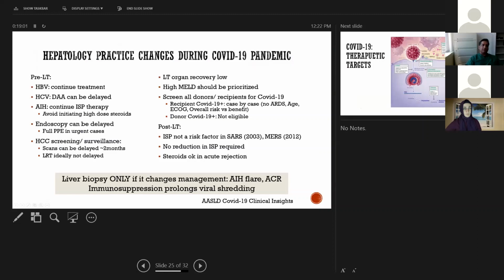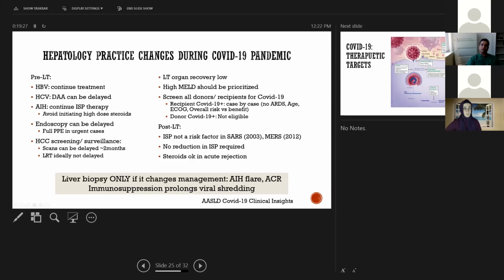Immunosuppression should be continued in autoimmune hepatitis, but if there is a flare, we need to avoid high-dose steroids. Endoscopy can be delayed in most elective cases, but in urgent cases, full PPE is required. For HCC screening and surveillance, the scans can be delayed approximately up to 2 months, but in a patient who has HCC, local regional therapy or TACE, these are ideally not delayed.